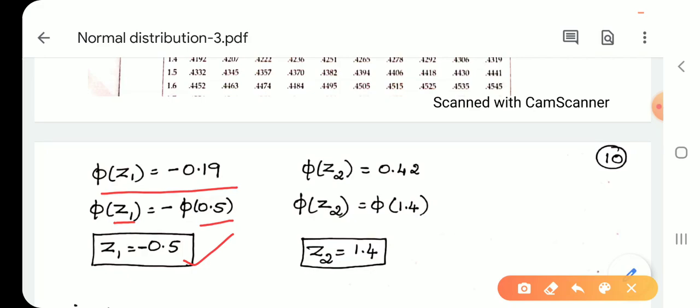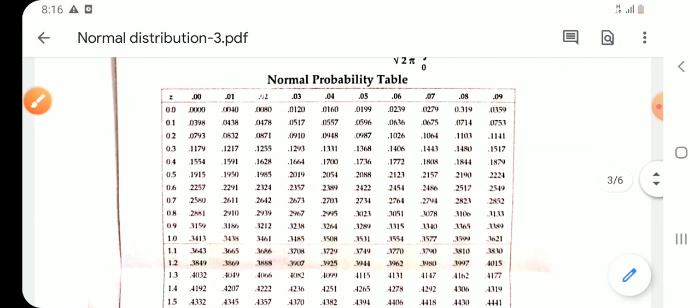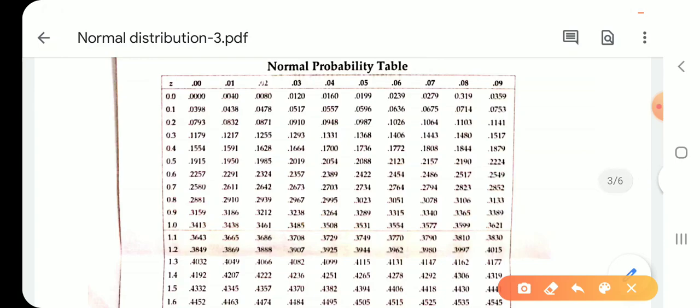Similarly, let us find the value of Z2. We have to find a point where we get 0.42. Let us go to the table again. 0.42, if we check here, we get it almost exactly here.